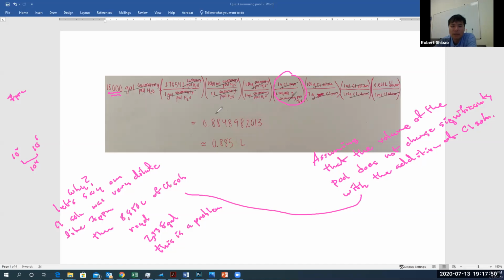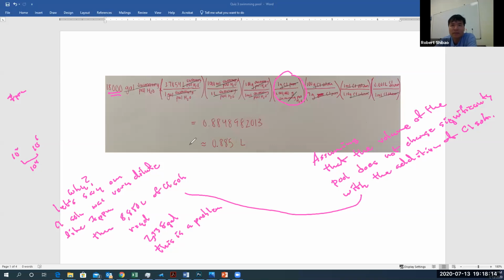If this doesn't make sense, don't worry about it too much, because this is a Chem 1A style problem already. Okay, so what we're going to do is assume, well, if we add less than a liter to 18,000 gallons, does it change the volume much?